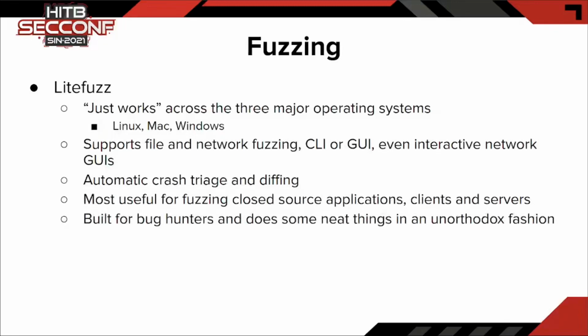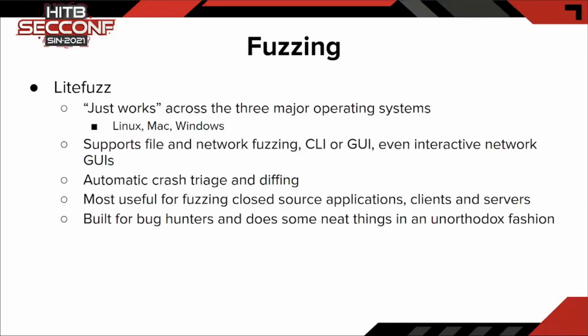It has automatic crash triage and diffing. So once it detects a crash, it will run a debug session. It will do diffing for the input file to show you exactly what changed, and a whole bunch of other artifacts. So it's most useful for fuzzing closed source applications.